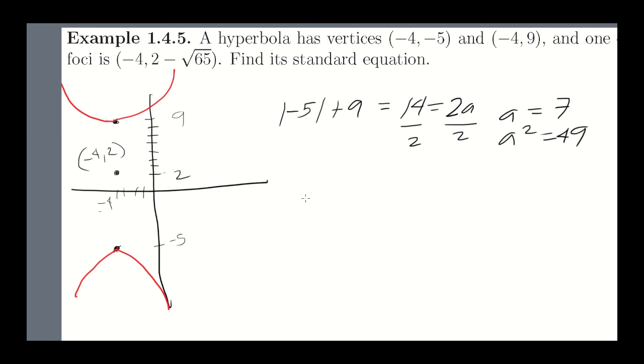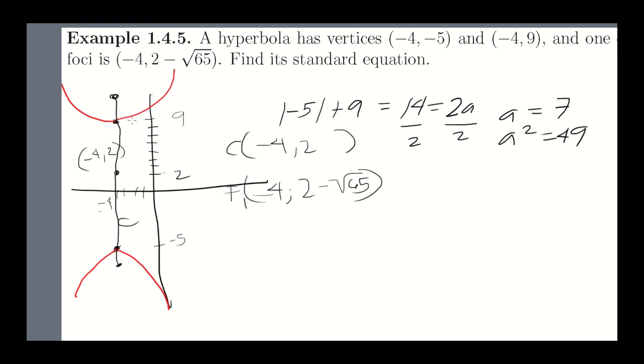To get the b, we have a focus here, which is negative 4 and 2 minus square root of 65. Okay, that's focus 1. We have the center, negative 4 and 2. As we remember, the distance between a focus and the center is called c.